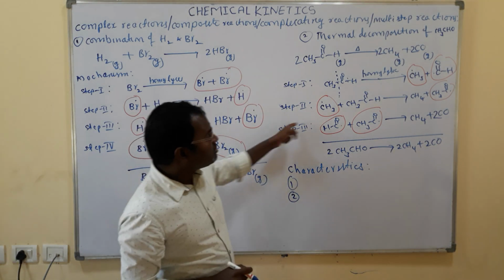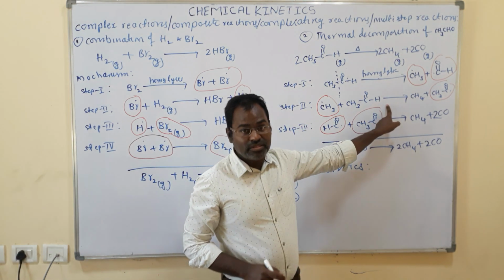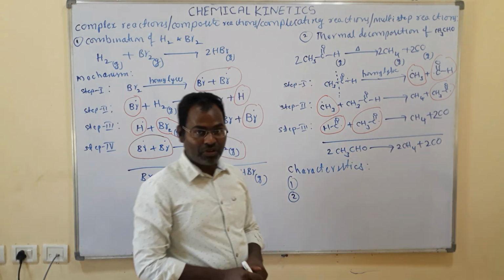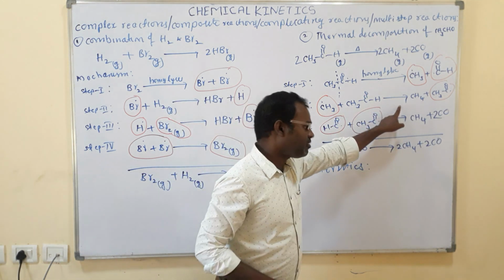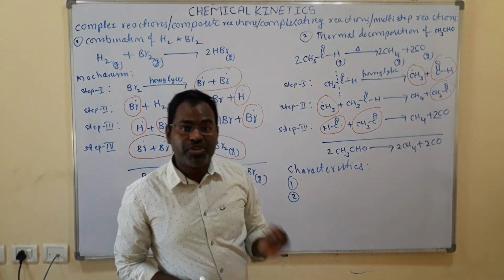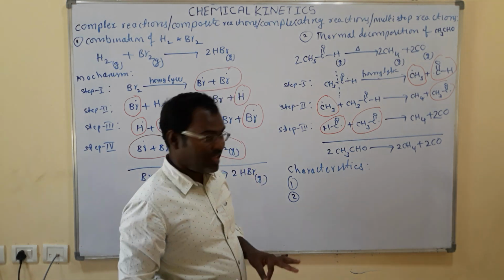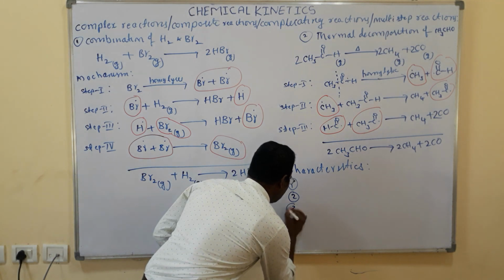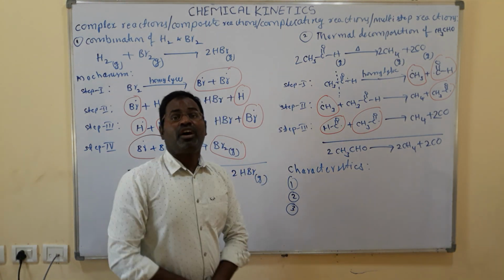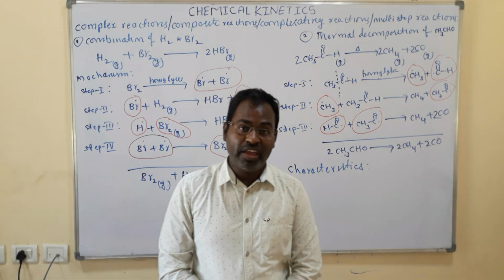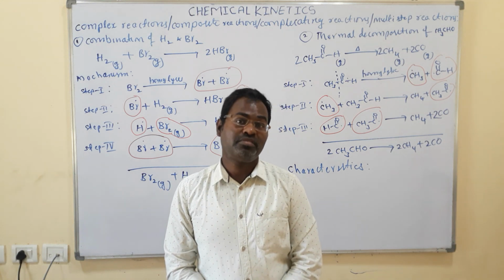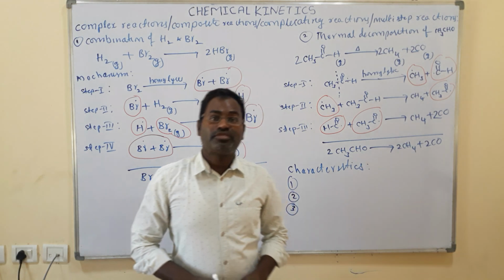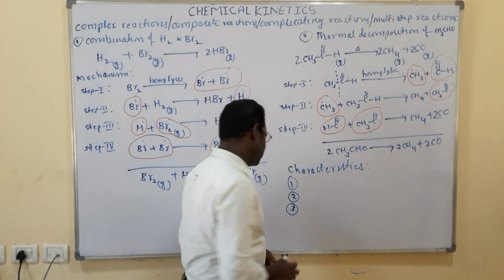Further, the concentration of the reaction intermediate does not appear in the overall rate of the reaction. So this is the second important characteristic. And the third one is that the overall rate of the reaction is given by the slowest step of the complex reaction.